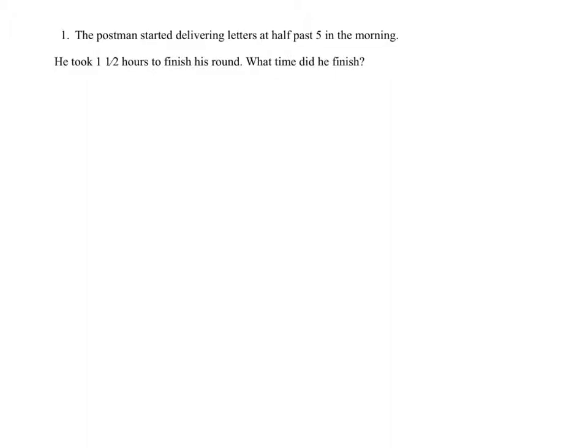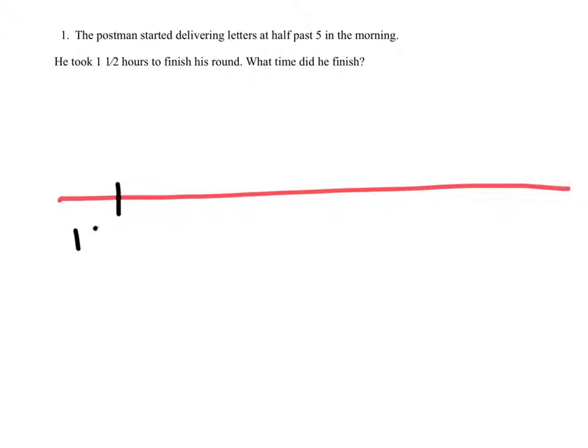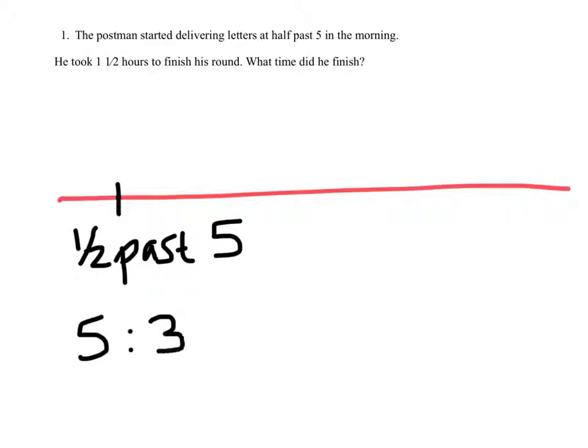The postman started delivering letters at 5:30 in the morning, so we need our timeline. 5:30 in the morning, 5:30 is the same as 30 minutes past 5. His route, his round, took 1.5 hours.